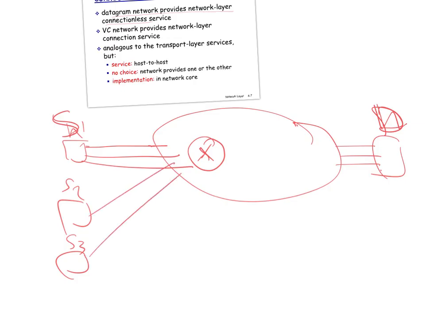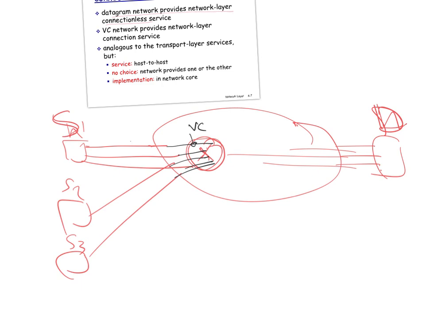So the router now is looking at all this incoming traffic from multiple sources. If they are all going to the same destination, how would I manage this if I were to talk about virtual circuit? For virtual circuit, I will potentially deal with each of these connections as a different virtual circuit.